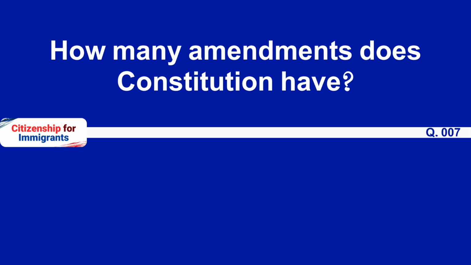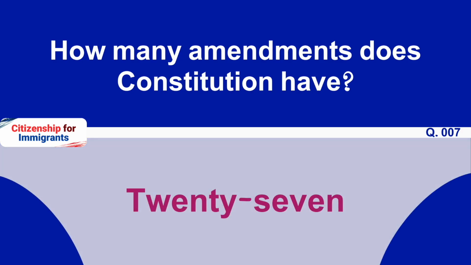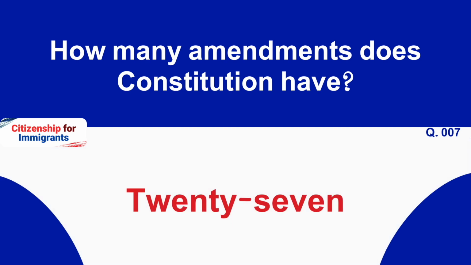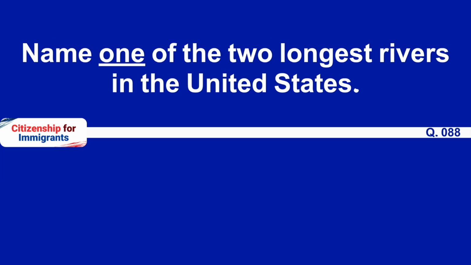How many amendments does the Constitution have? 27. Name one of the two longest rivers in the United States.